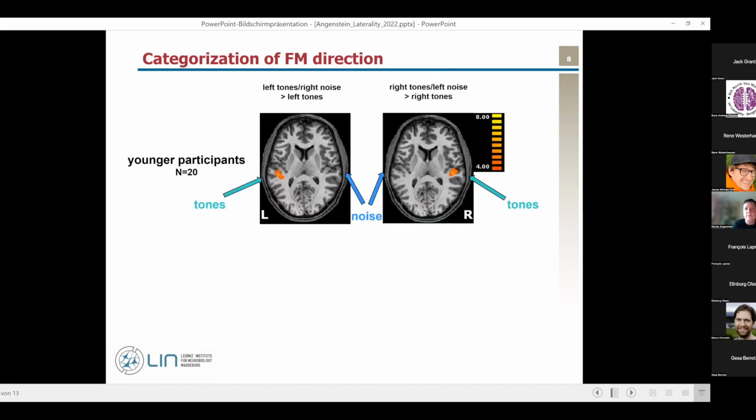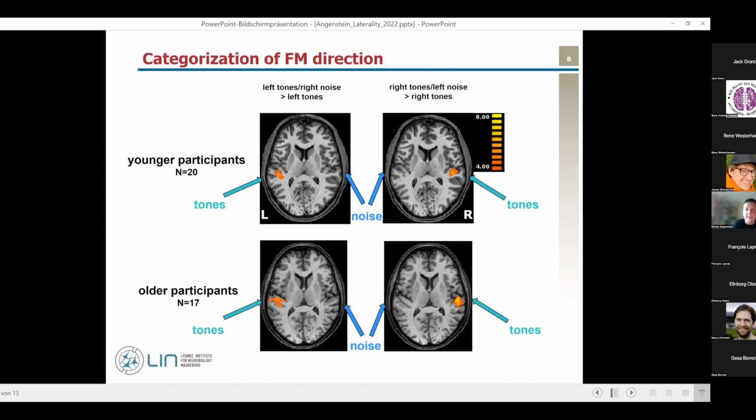Here you see the results of the categorization task for the younger participants. What you see here in orange is already the increase due to the contralateral noise. And what you see is that in contrast to the hypothesis, both auditory cortices are already involved in the younger participants. This is probably due to the fact that all participants knew the other task beforehand, and half of the participants had already trained the other task.